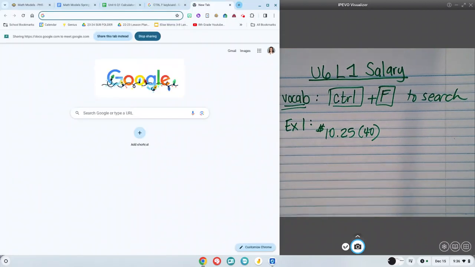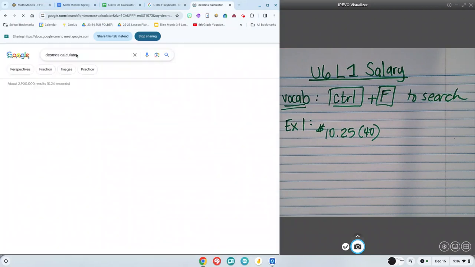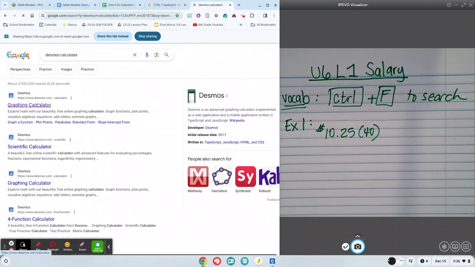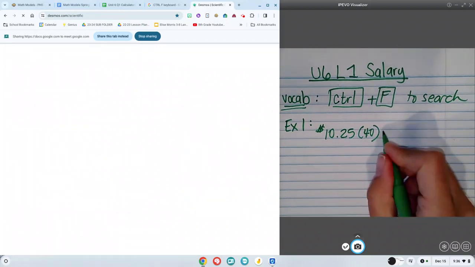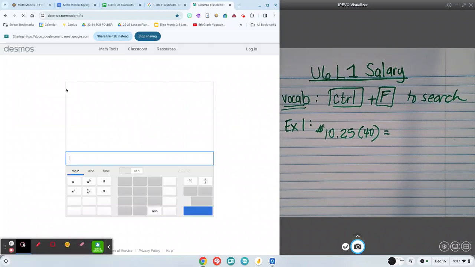Let me pull up a calculator. I'm just pulling up Desmos. So 1025 times 40. We're kind of doing example 1 without our math models calculator, just with a normal calculator.